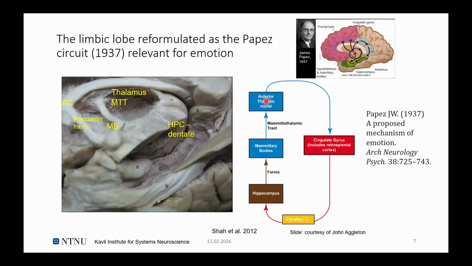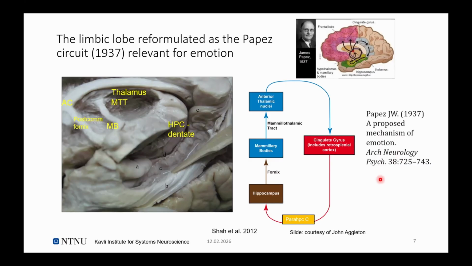Here in the cartoon-like representation, Papez suggested that this part of the thalamus would be a main input to the cingulate gyrus, including the retrosplenial cortex, that would then have connections by way of the cingulum, the fiber bundle, into the parahippocampal structure that would feed into the hippocampus. So Papez suggested that there was a kind of closed loop in the brain that would underlie emotional functions.